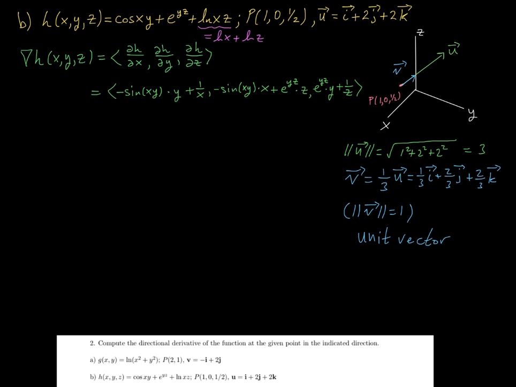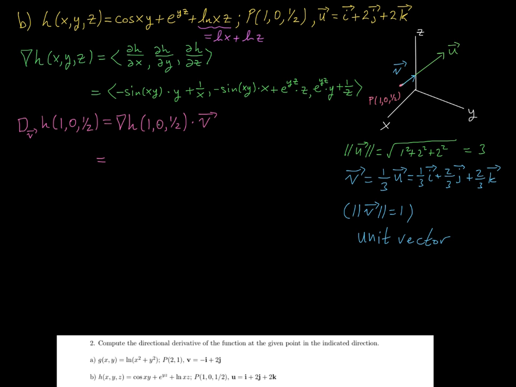And now we can go ahead and compute our directional derivative, where I'm going to say the directional derivative of the function h at the point (1, 0, 1/2) in the direction of the unit vector, which we're calling v. This would be our gradient evaluated at (1, 0, 1/2) dotted with that unit vector v.